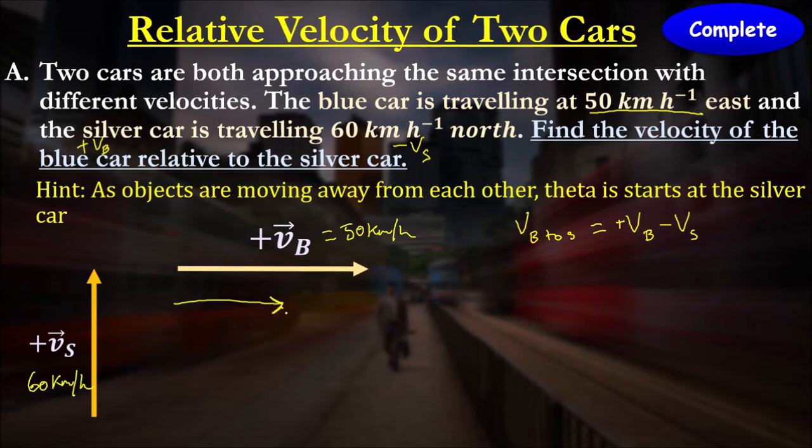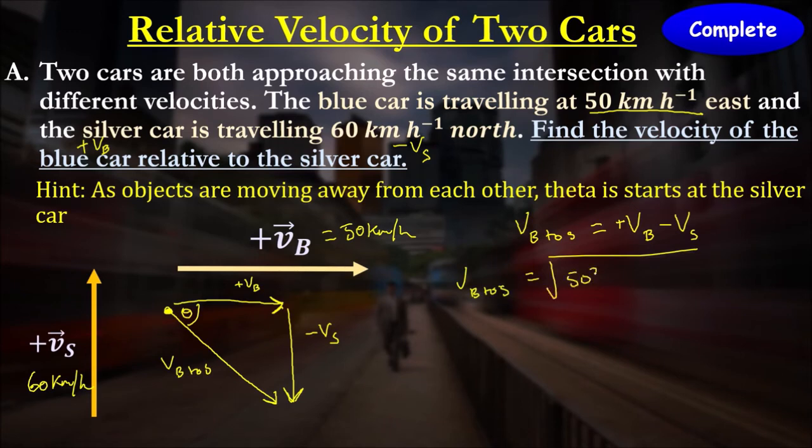Our silver car is then going down in this particular direction here. Okay, you can do it in a way where the vectors match up with each other. Okay, so the resultant velocity comes down this way, that is VB to S. This is VB plus, this is VS minus. Okay, so according to that, where the resultant arrow starts, which is this point here, that is theta that we're looking at. So let's firstly look at what V is, or the relative velocity.